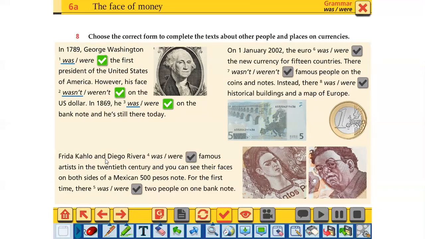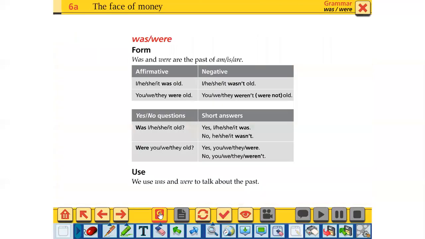Frida Kahlo and Diego Rivera were. Why were? Because of the grammar. They were, ellos, ¿ya?